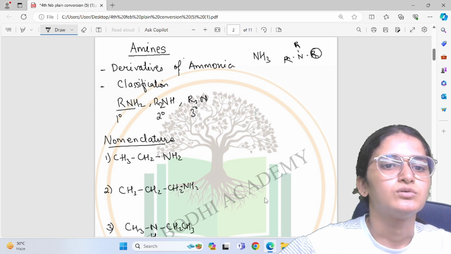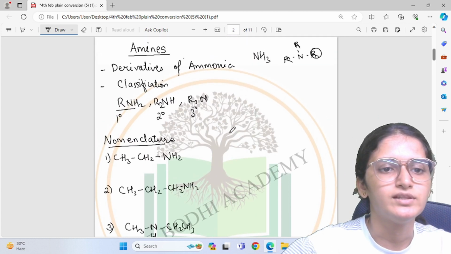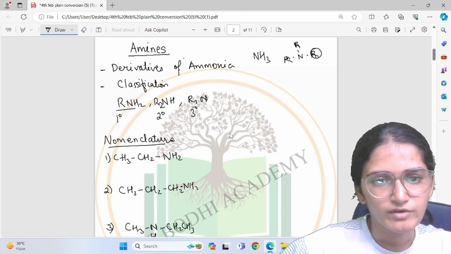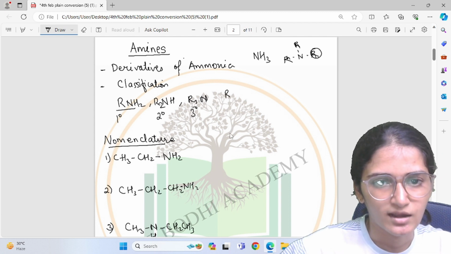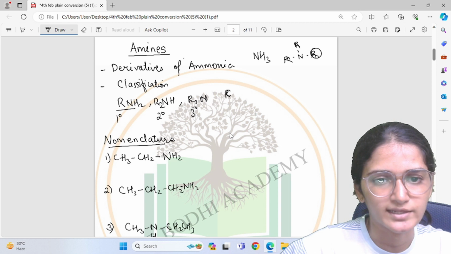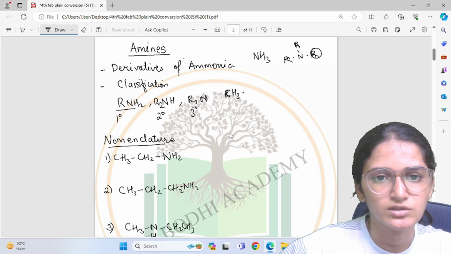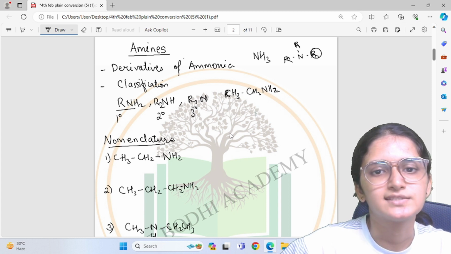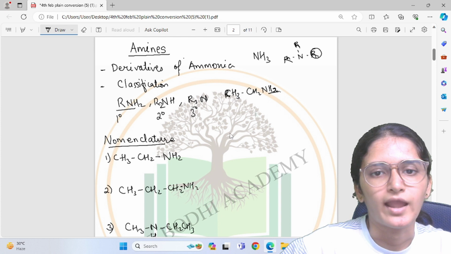Okay, so I will show you examples of primary, secondary and tertiary amines. If I have this particular amine, we will take an alkyl group in place of R, that is CH3CH2NH2. Here we can see that there are two hydrogens and on one side N is attached to the R group.